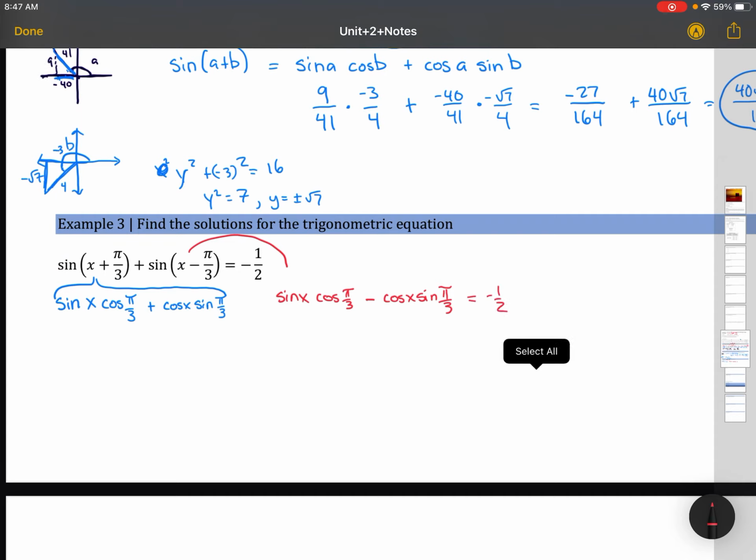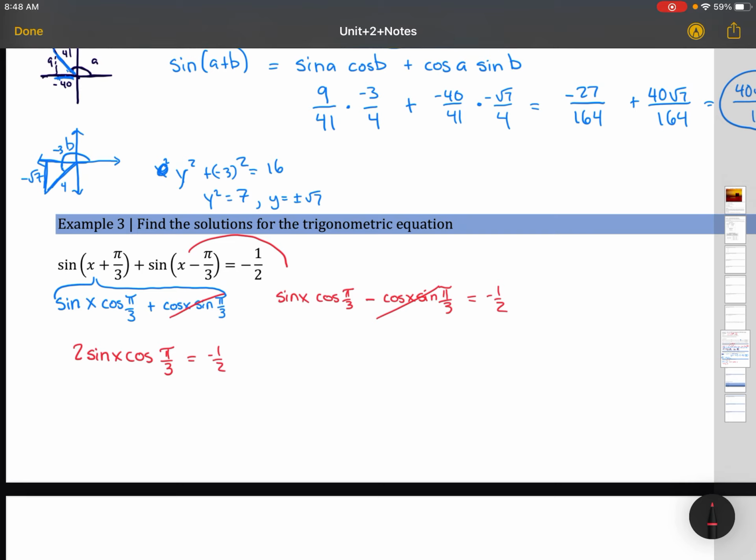And all of that should equal negative 1/2. Well, conveniently for us, the cosine x sine pi over 3 and negative cosine x sine pi over 3 cancel out. So we end up solving the equation 2 sine x cosine pi over 3 equals negative 1/2.